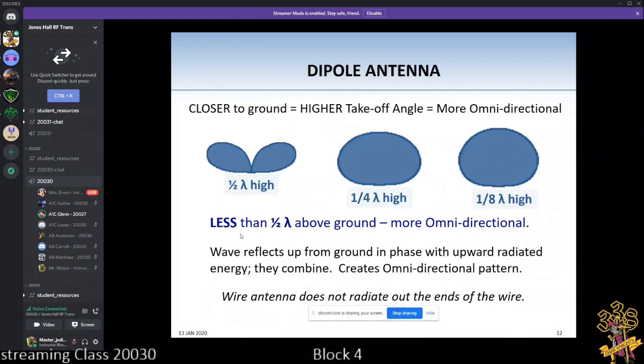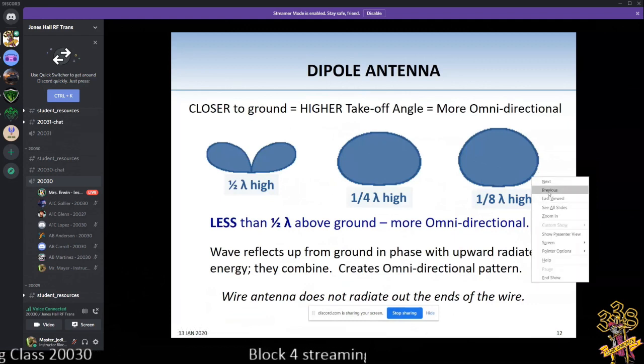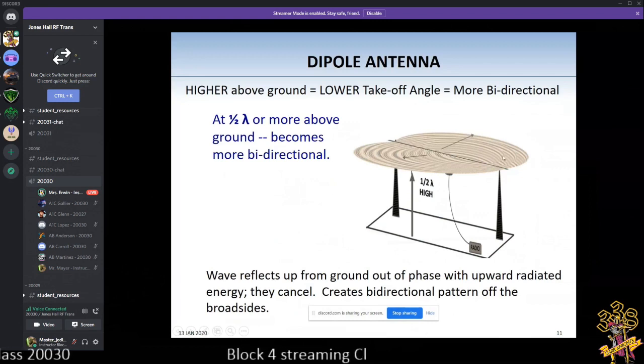What exactly is going on with the height, like reflection or something? Yes. So what happens is, here's your antenna, and it is transmitting all the way around that wire. Okay, so you do have energy going up, and you have energy coming down. A half wave or more above the ground, the energy coming down is reflected up. It cancels, it's out of phase with the energy going up and causes a null up here.